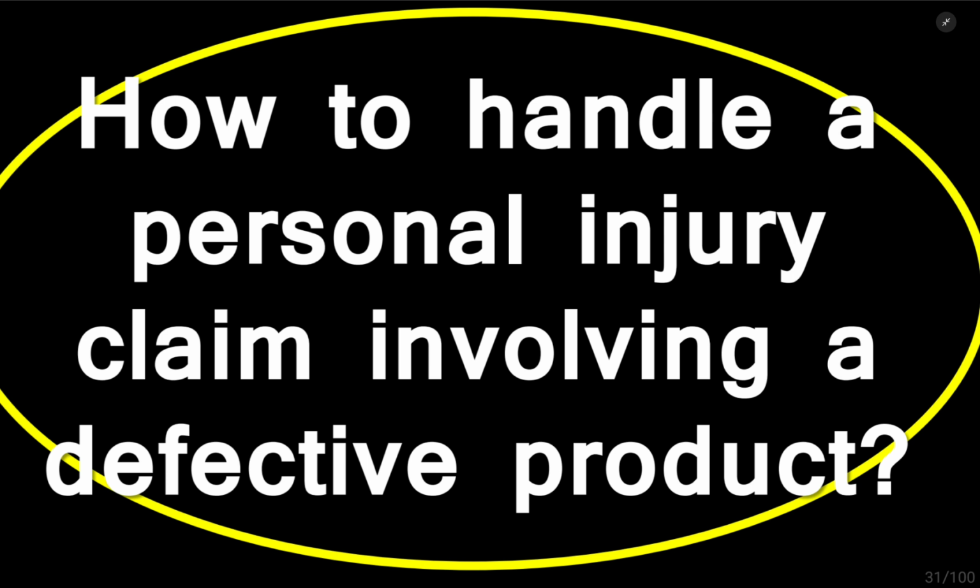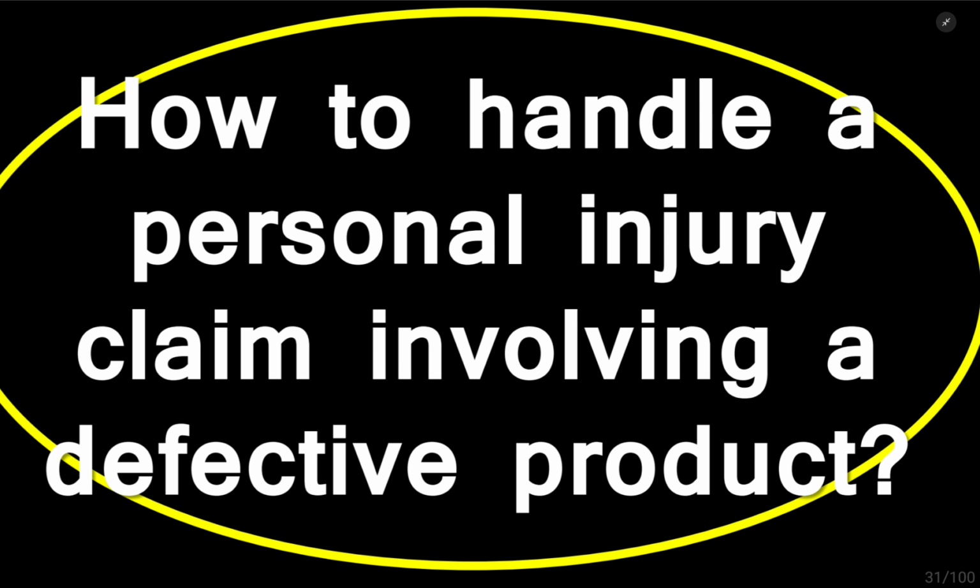A lawyer can help assess the strength of the case, gather the necessary evidence, and handle the legal complexity. A lawyer will also help negotiate with insurance companies, manufacturers, or sellers to ensure you receive fair compensation for your injuries, lost wages, medical bills, and pain and suffering.